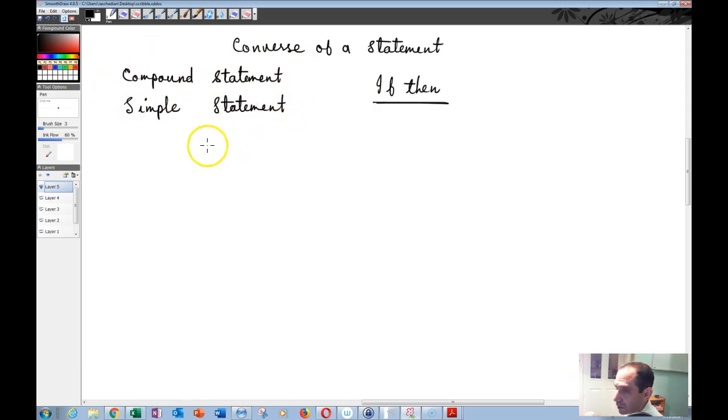For example, let's say that you have as P, it is raining. And as another statement Q, you can say it is difficult to go on a bicycle.